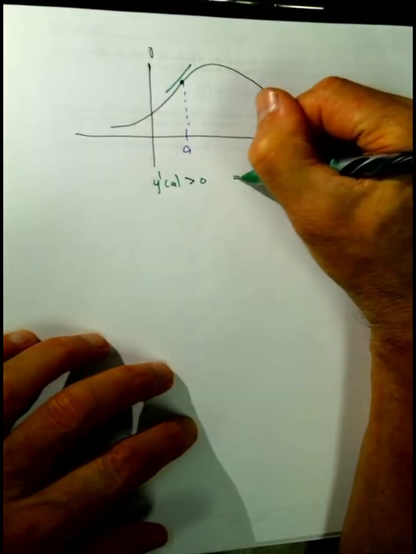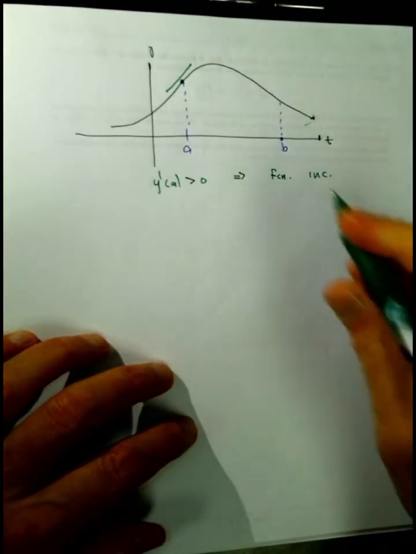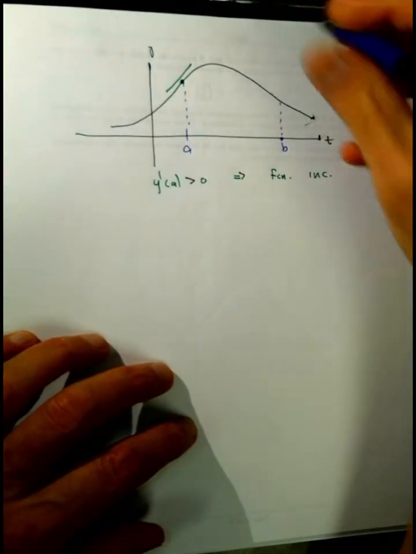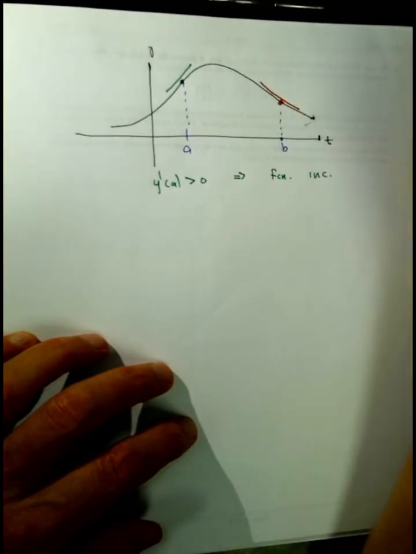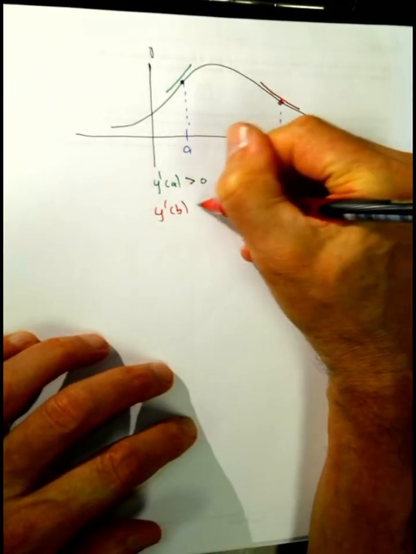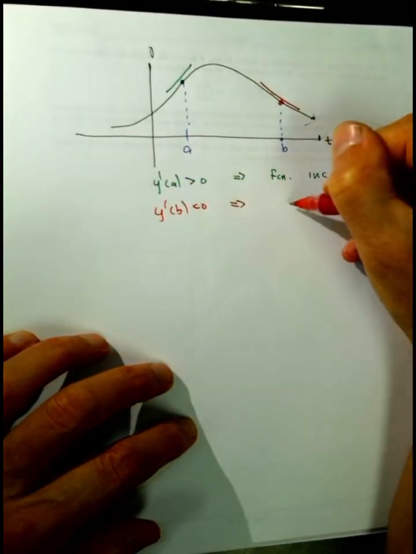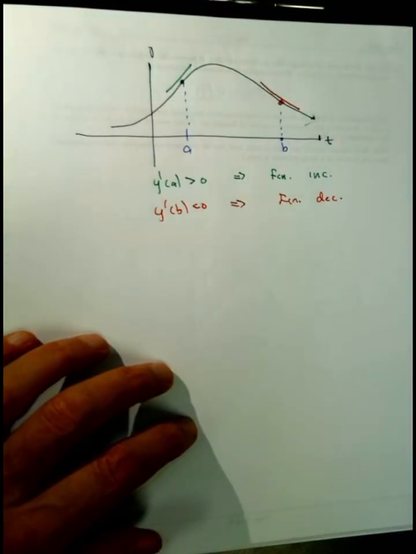So if the derivative is positive, my function is increasing. And if I look over here, in this case, it's decreasing, so the derivative is negative. So this means my function is decreasing.